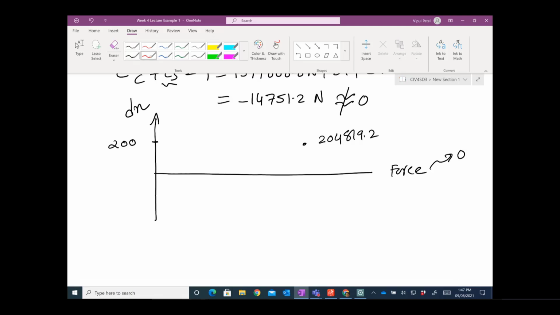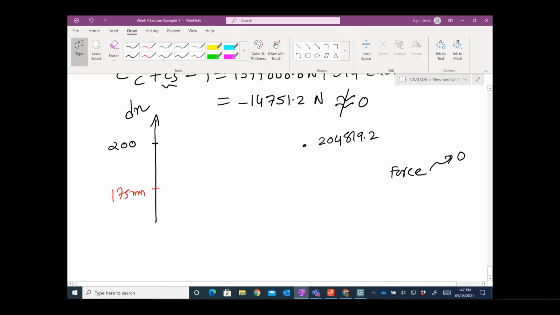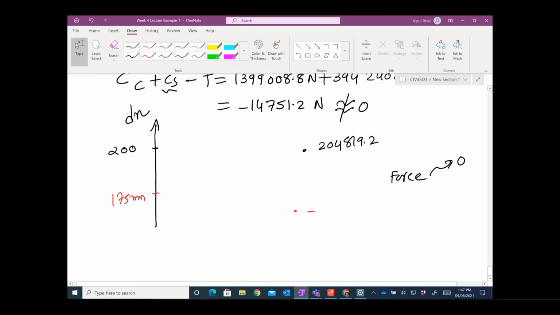And then when you have, sorry, this is 175. We got a negative value, let me put the negative value here, which is minus 14751.2.